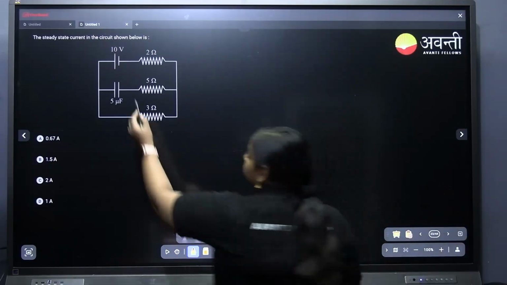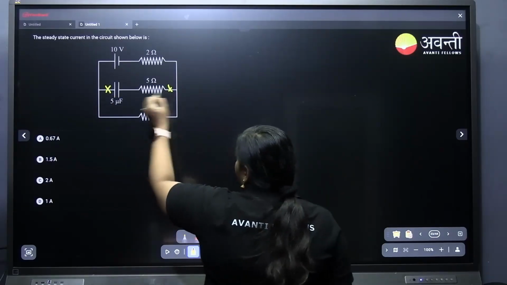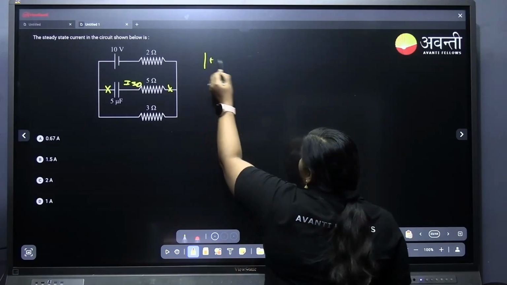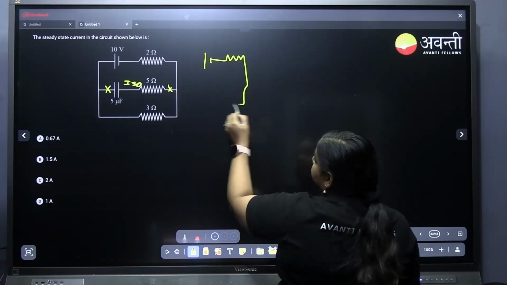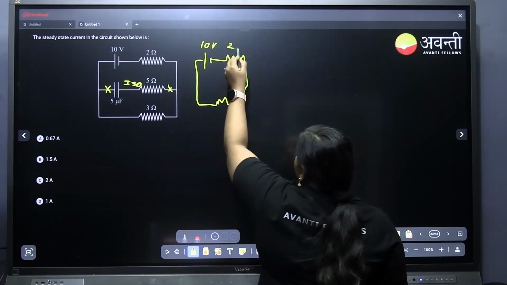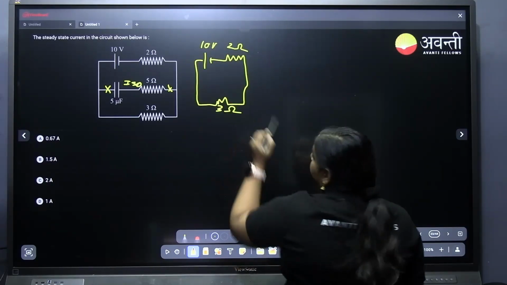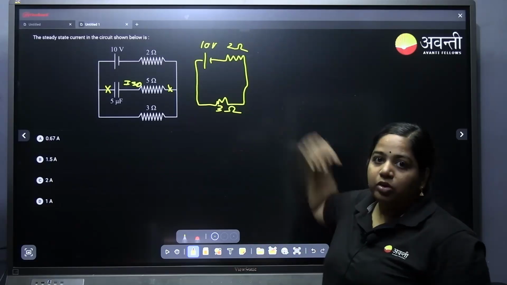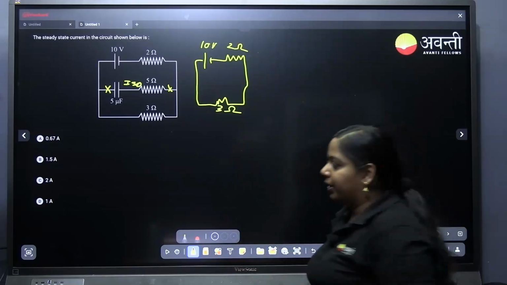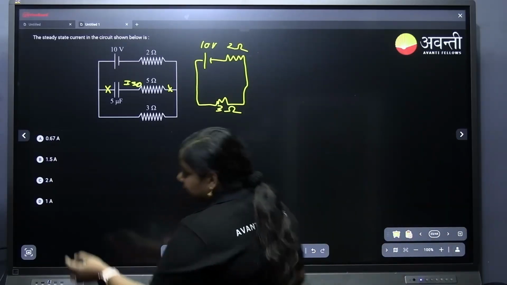Yes, current through this branch will be 0, which means it will have only this. Circuit will be like this, 10 volt, 2 ohm, 3 ohm. Okay, so total resistance 2 plus 3, 5, 10 by 5, 2 ampere. Somebody already answered. Surabhi, yes, correct.